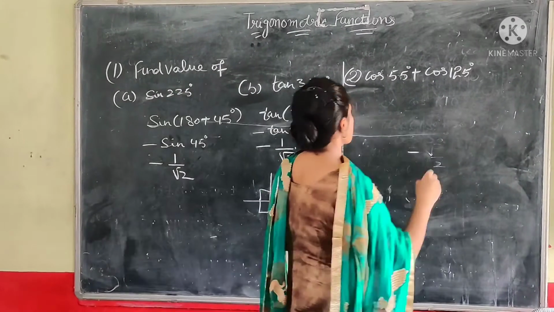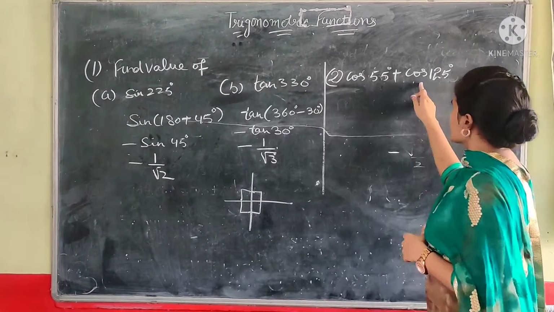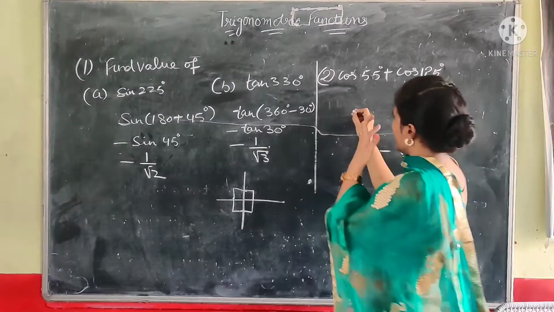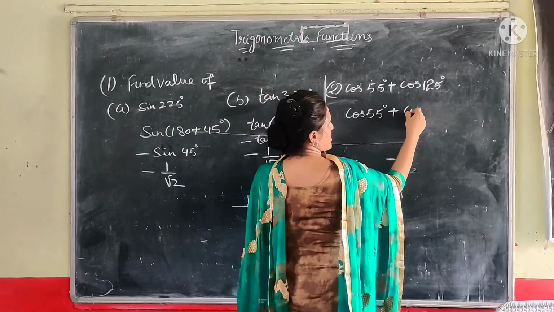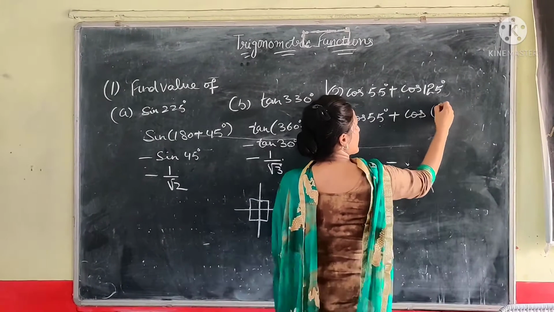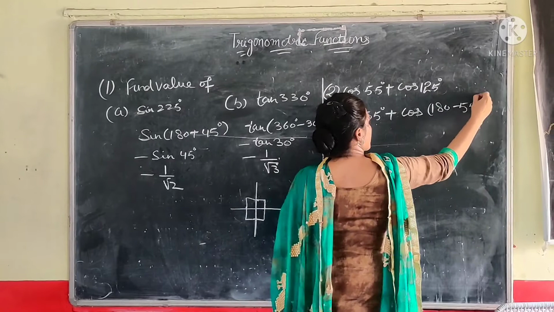Next question, cos 55 degrees plus cos 125 degrees. Now cos of 55 degrees plus cos of 180 minus 55.